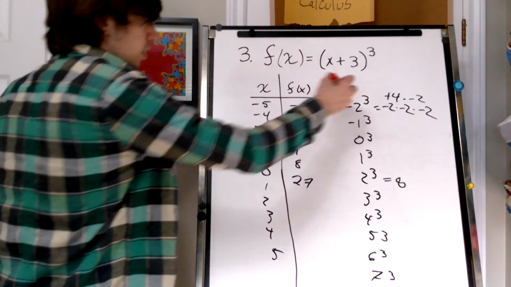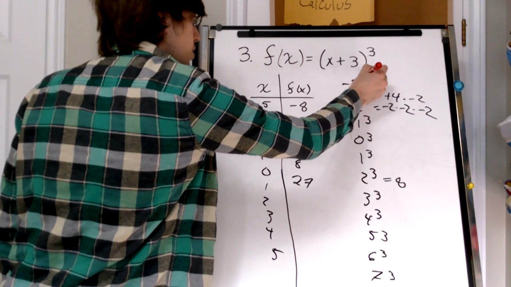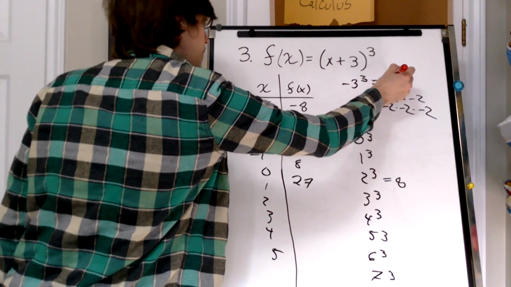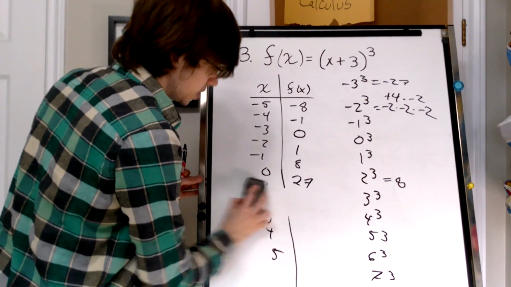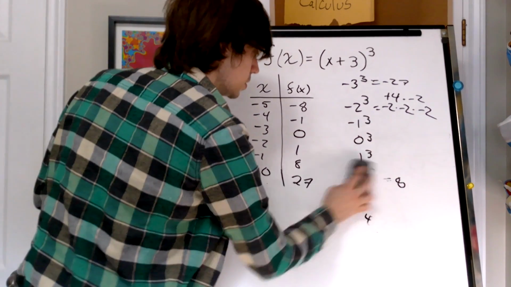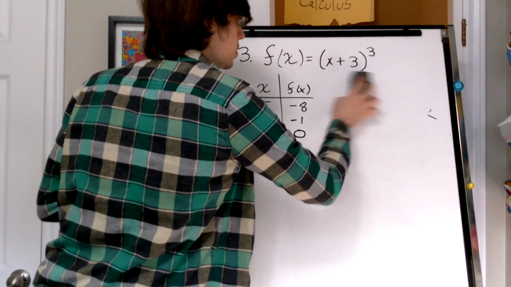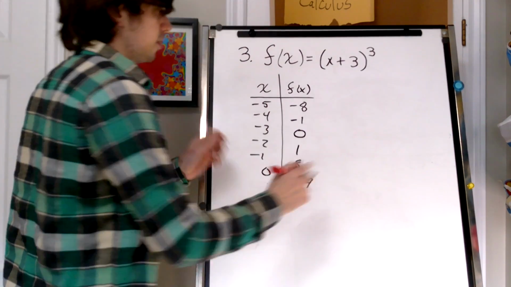If we went -3 cubed, then we'd have -27. So we don't even need these ones. We know the pattern. Let's fill out the pattern in a graph.